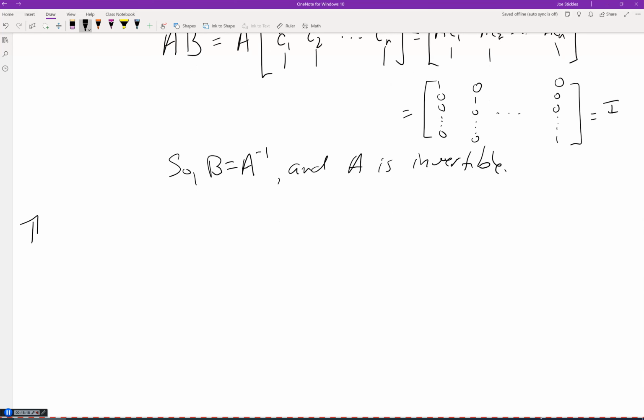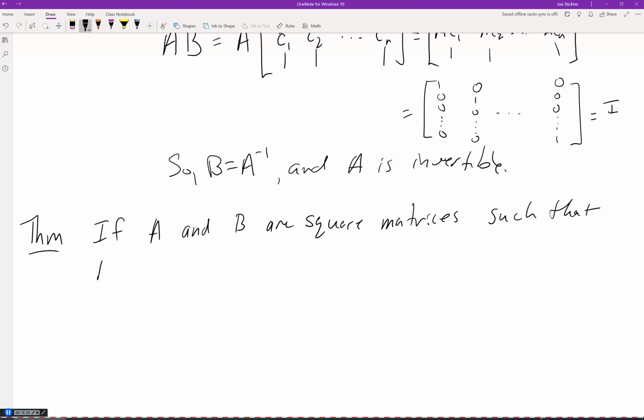It says that if A and B are square matrices such that the product is invertible, then the individual pieces are invertible as well.